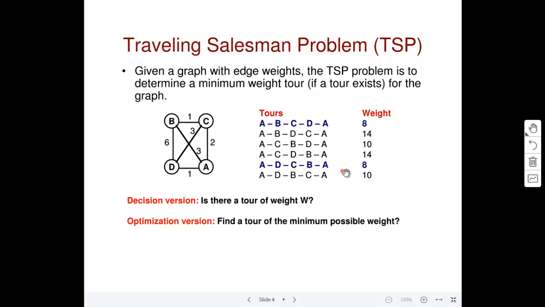But that's a brute force approach and takes exponential time. It's not polynomial time. So if you want a deterministic solution, an optimal solution, or even a decision solution in polynomial time, for such problems you don't have a deterministic algorithm.